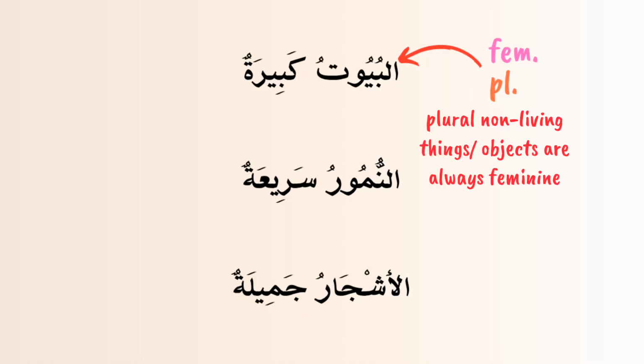Next, البيوت كبيرة. The houses are big. Did you notice? The subject in this example does not refer to a specific group of people. It is a non-living thing in its plural form, which makes it feminine, since in Arabic, plural non-living things or objects are always feminine, even if they are masculine in their singular form, which is also the case of buyut.